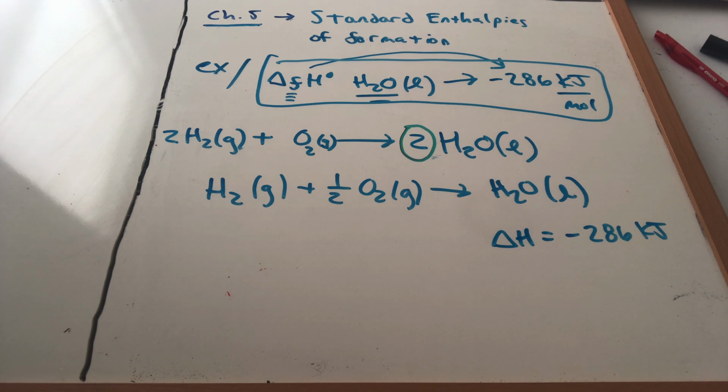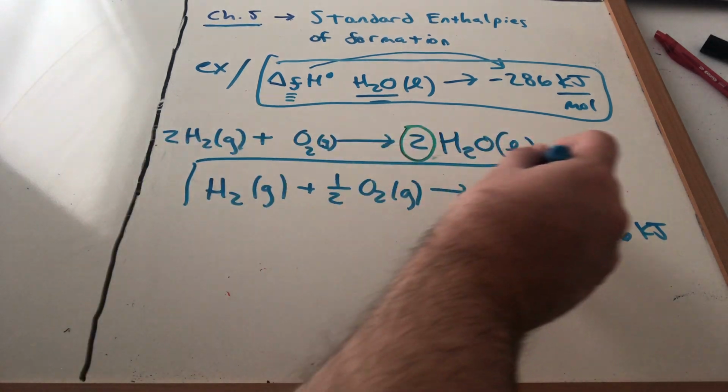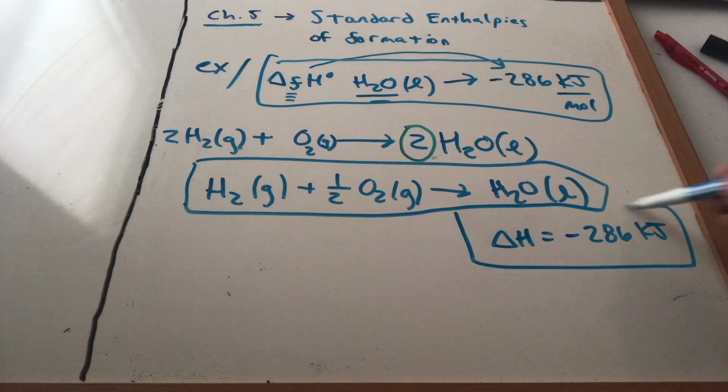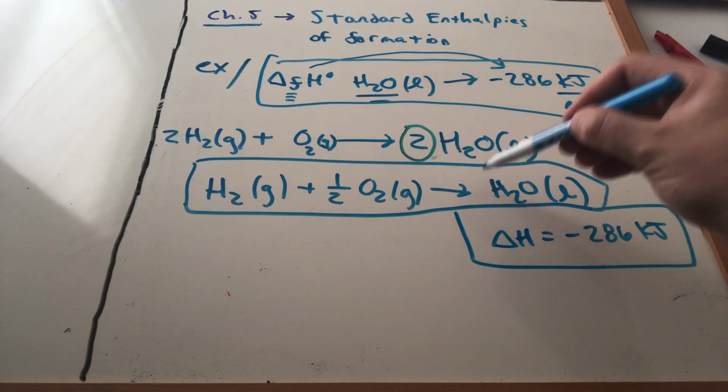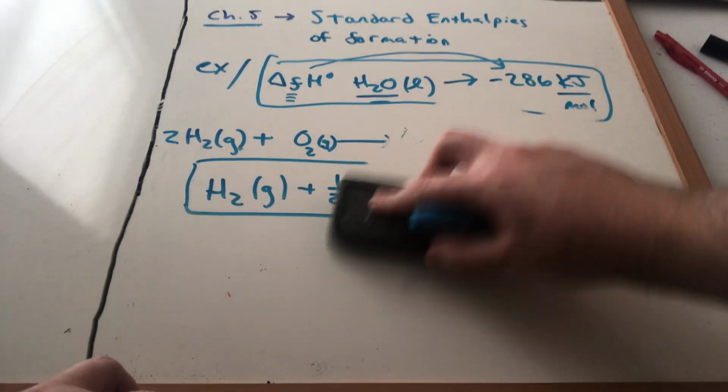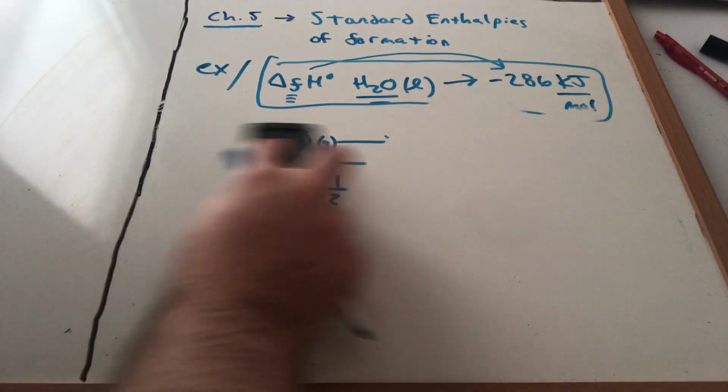So that's what it means to build a formation reaction. When you get information about formation reactions, always remember that whatever that number is, you have to compare it to 1 mole of product. All right, let's look at just one more example, just writing a formation reaction.